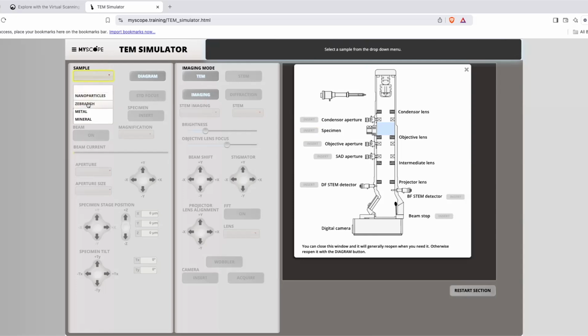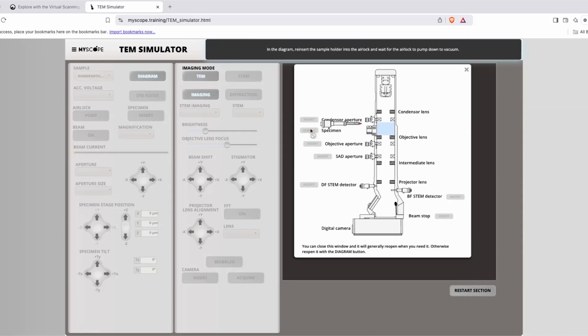You can choose any of these samples, but since this course is on nanoparticles, let us choose nanoparticles. And everywhere you have to click the button highlighted with yellow color or yellow border. The sample is already here.